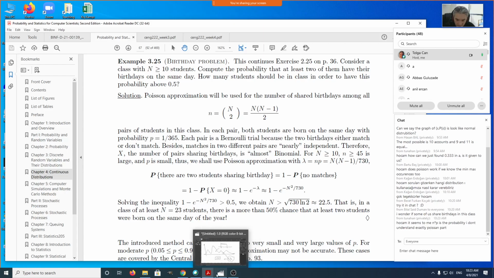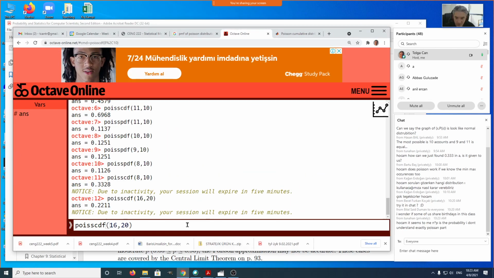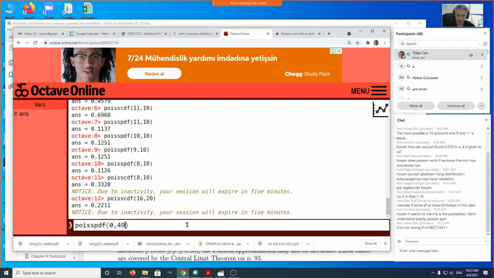All right, actually we can even do that directly on Octave Online. So what is the Poisson PDF with 0, 49 times 1 over 365? This is what we have, right? n times p.